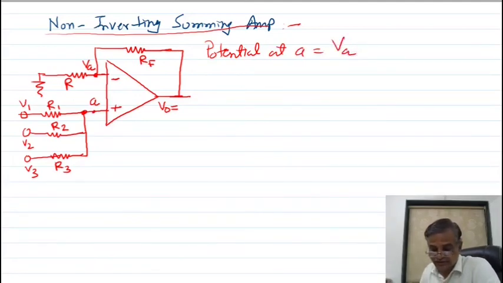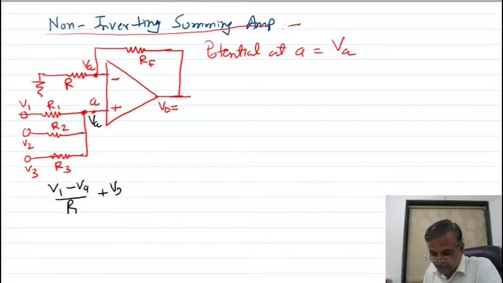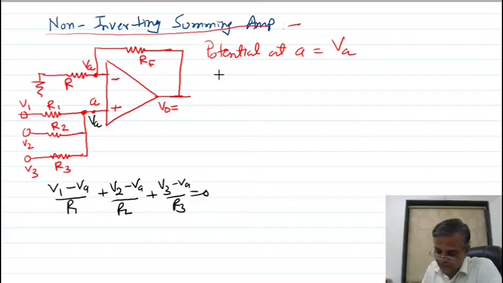So here you can say the total sum of the currents is 0 because this does not draw current. So this potential, what should I write? VA. So from this I can write (V1 minus VA) upon R1 plus (V2 minus VA) upon R2 plus (V3 minus VA) upon R3 should be 0.